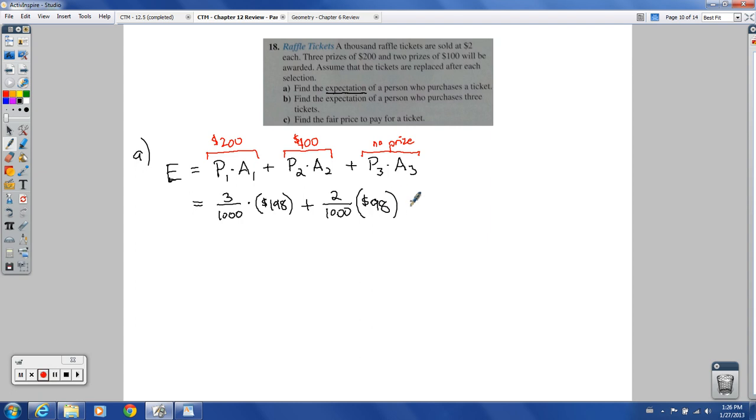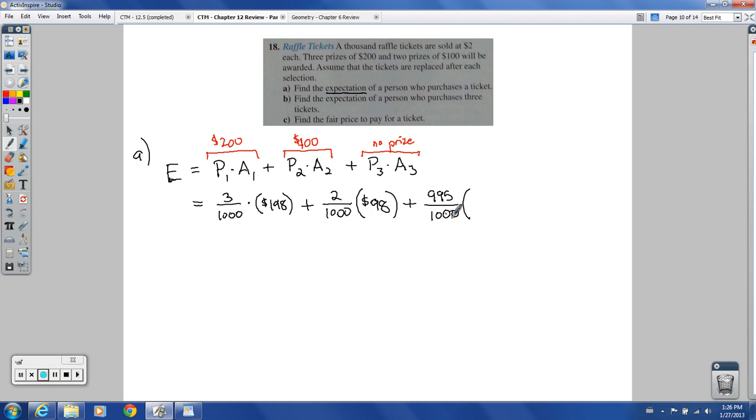And then the probability of the third thing happening: there's 5 total prizes given out. That means of the 1,000 tickets purchased, there would be 995, 1,000 minus 5, that didn't win anything, over 1,000. And yes, we're assuming that they're replaced after each ticket, so this isn't going to be 999 or 998.